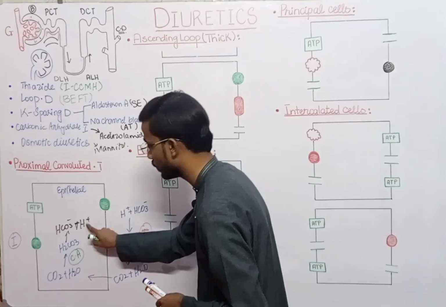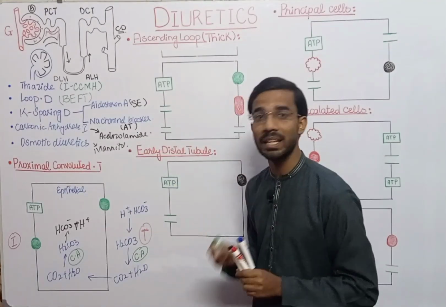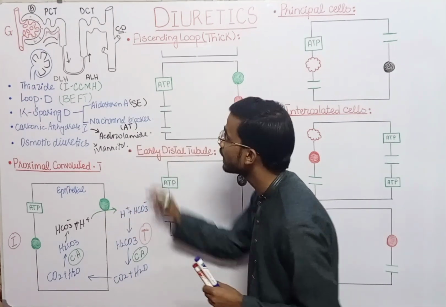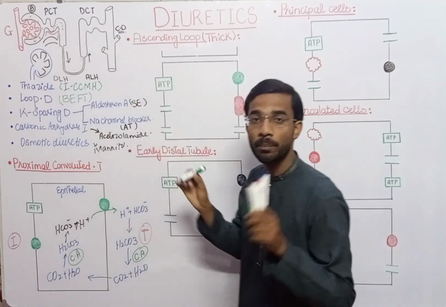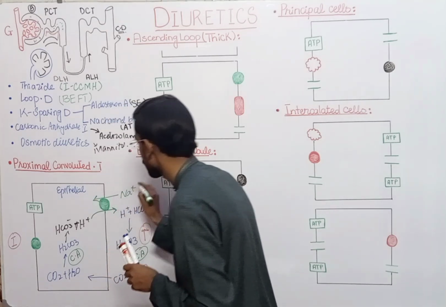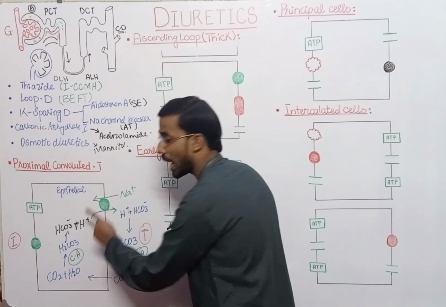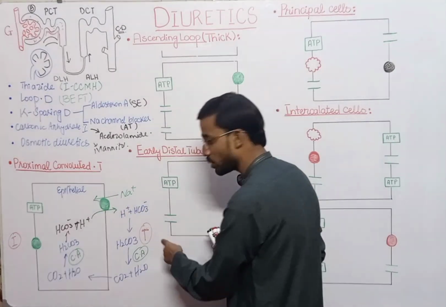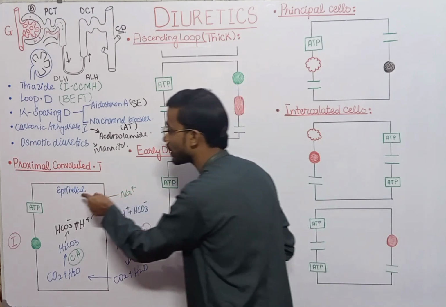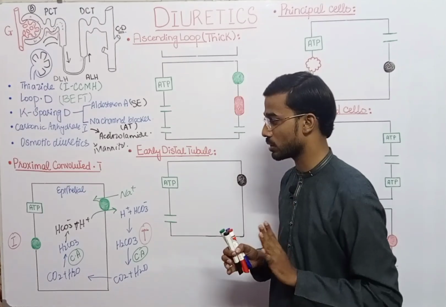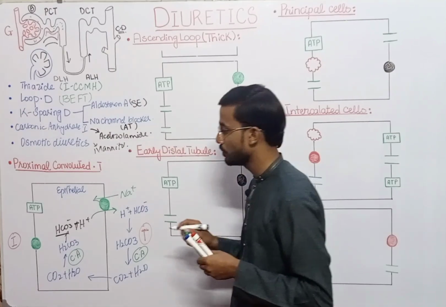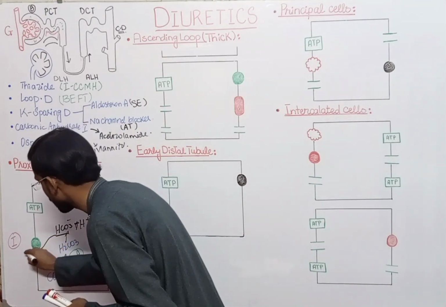This H positive ion which is present in the epithelium will move outside into the tubular lumen, in this region of the proximal convoluted tubule, and along with it sodium will move inside. The hydrogen ion moves outside into the tubular lumen, and from the tubular lumen sodium will move into the epithelium. So this is the basic concept. Next, the bicarbonate ion will move into the interstitial space.